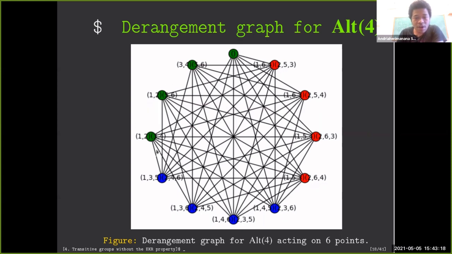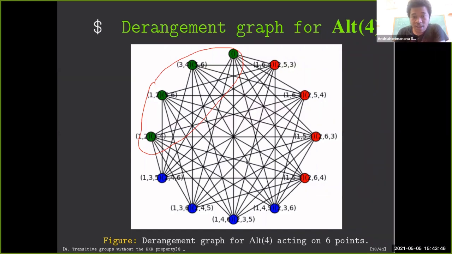So here, this is a complete multipartite graph, like green, blue, and red. What we have in the green part is, well, this is the identity. And if you notice, these are all permutations with a fixed point, and everything else here are derangements.